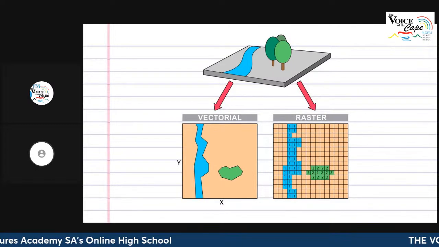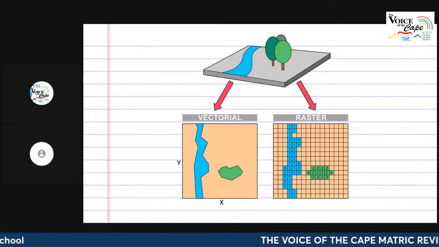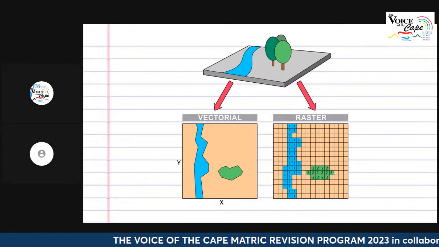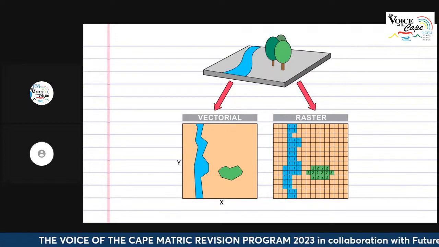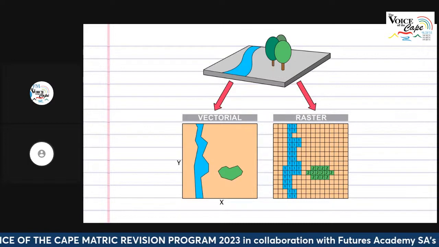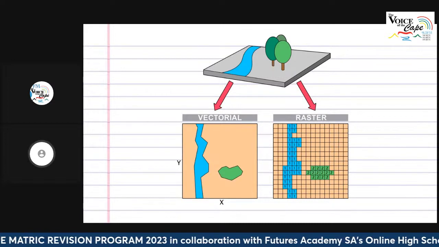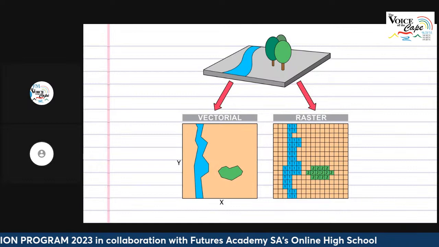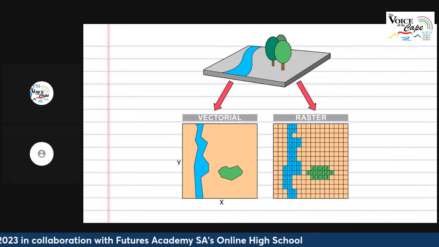The cells will be allocated a number, and the number will then be verifying a particular color of the actual data itself. Now, you would know vector data and raster data as your topographical map and your orthophoto map.